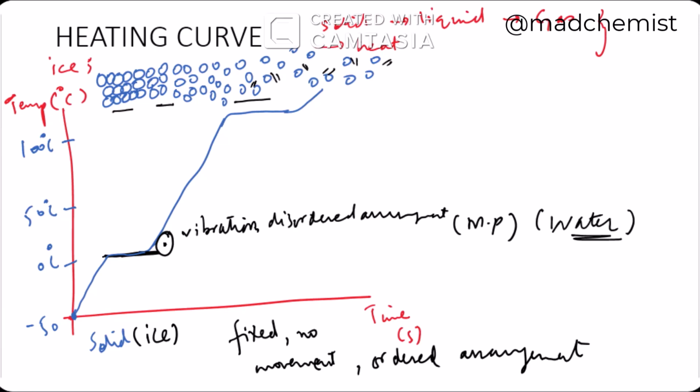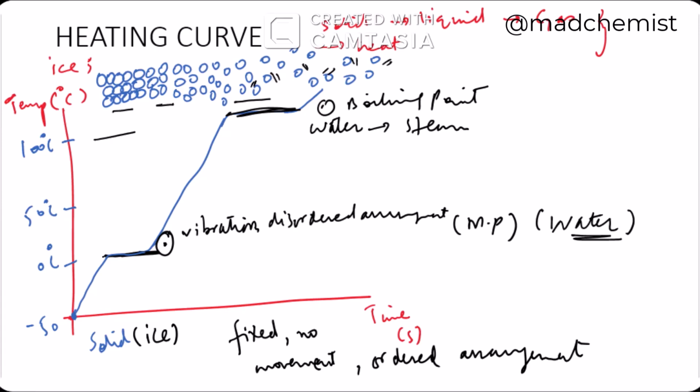So at this temperature, that is 100 Celsius, this is the specific point where all the water molecules are converted into steam. This is called the boiling point, and the boiling point of water is 100 Celsius.